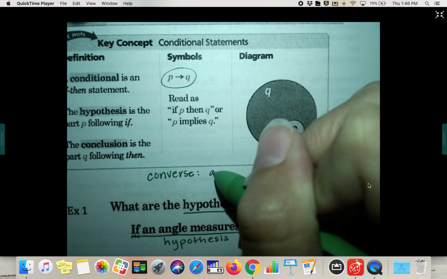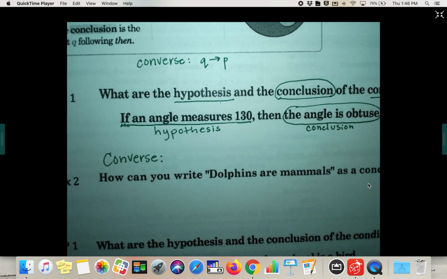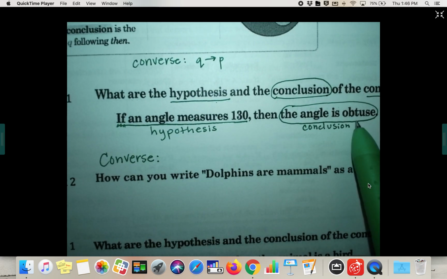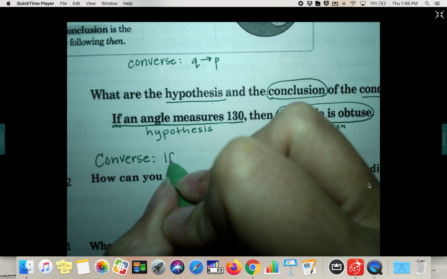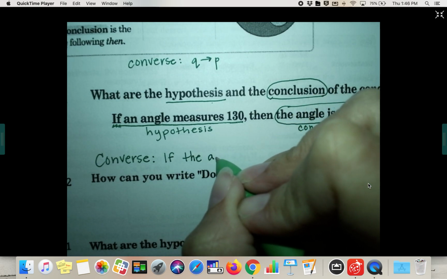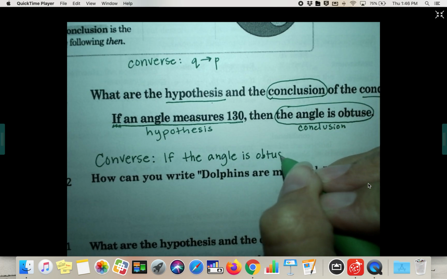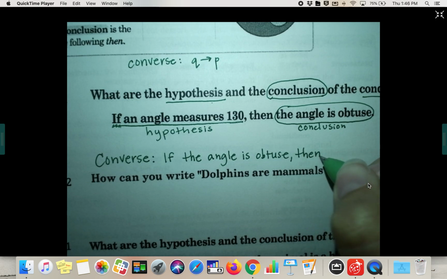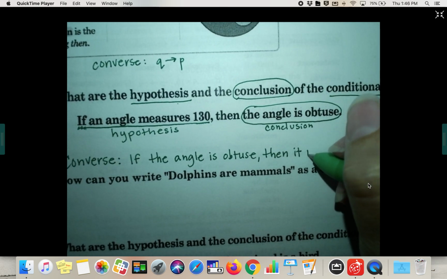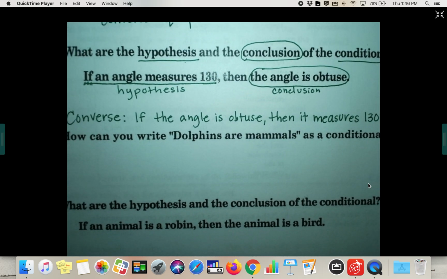The converse is if Q, then P. So if we took our sentence, if an angle measures 130, then the angle is obtuse, we are going to flip them: if the angle is obtuse, then it measures 130 degrees.